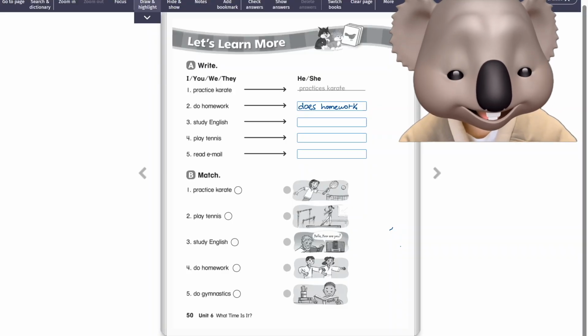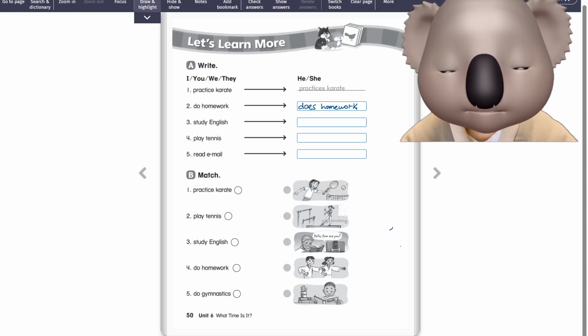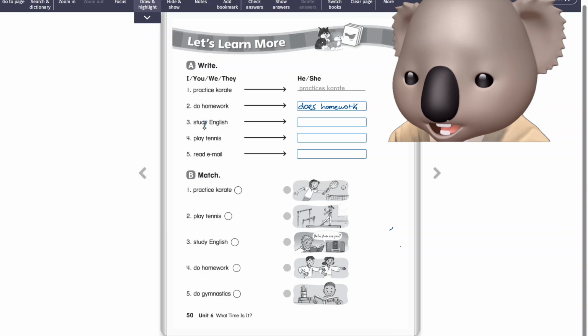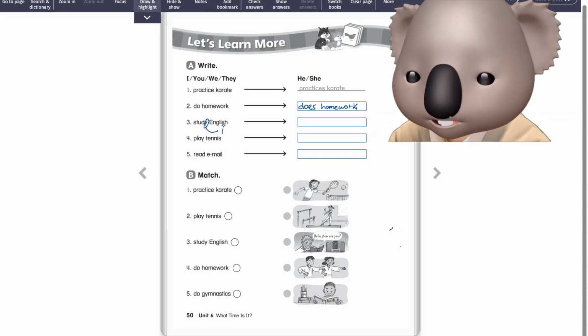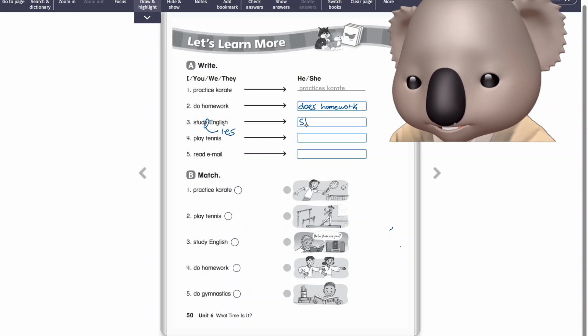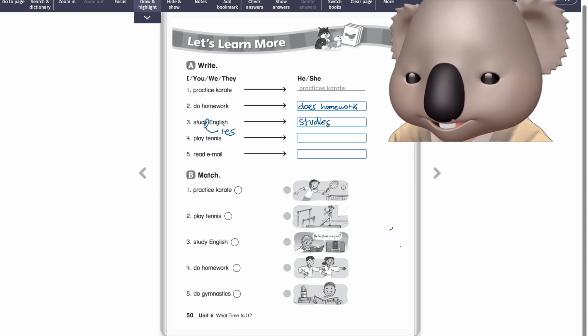Ready to check? Number 3, study English changes, but we need to be very careful. The Y changes to IES. So STUDYS 아니라 IES.